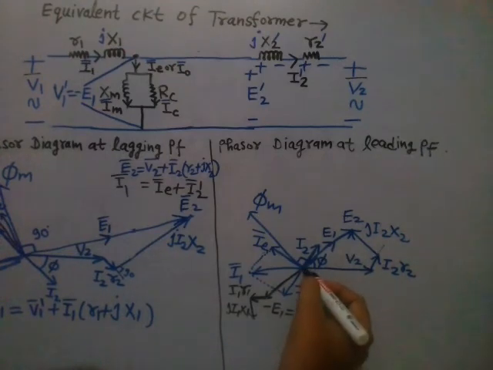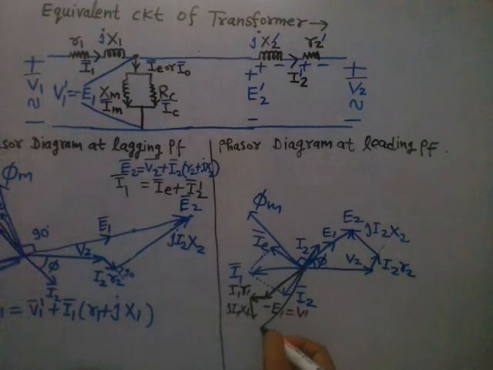When you take the phasor sum of all these, you will get this V1. This is V1 dash and this is V1. So that's how you can draw the phasor diagram at leading power factor where I2 is leading V2.